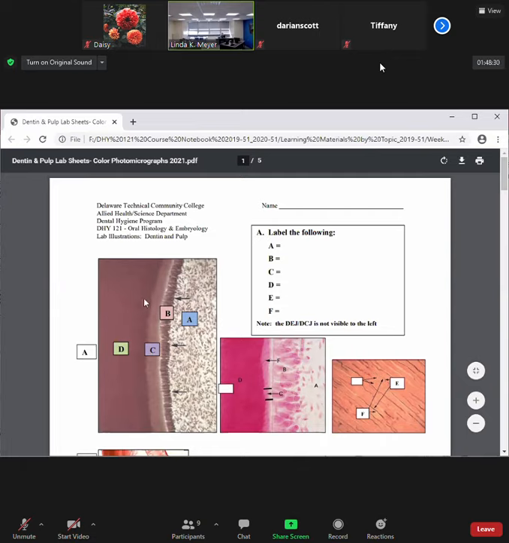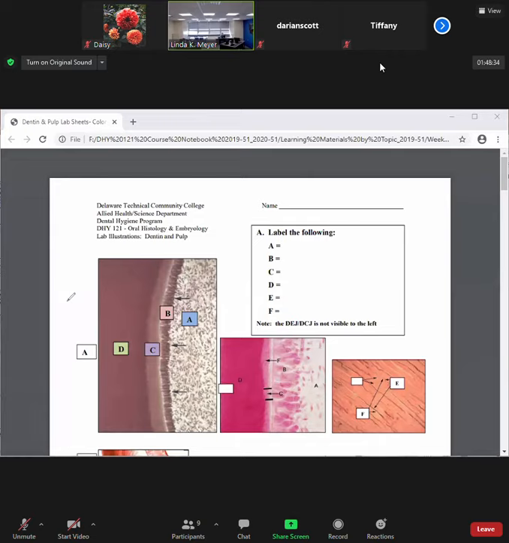This is a decalcified section. And way out here, this would be where the DEJ is in the crown or the DCJ in the root. So this is the pulp side, and A is showing a young pulp tissue that's highly cellular.